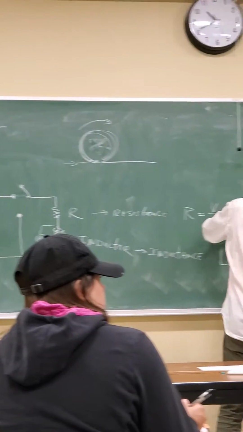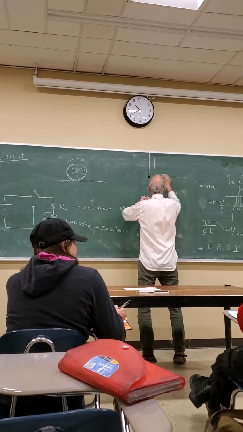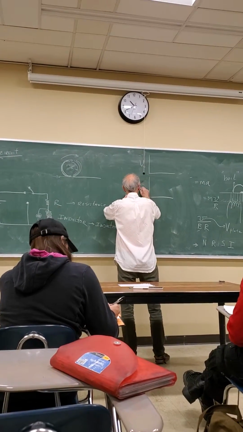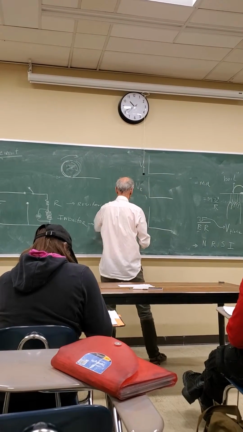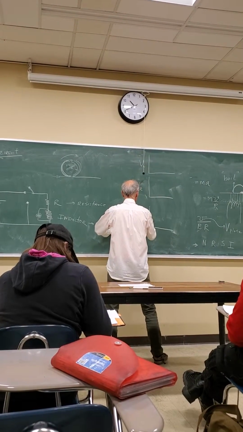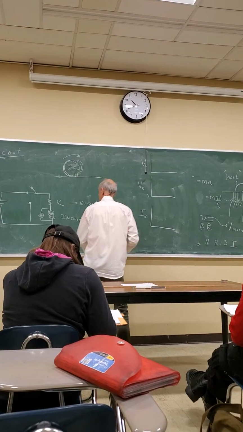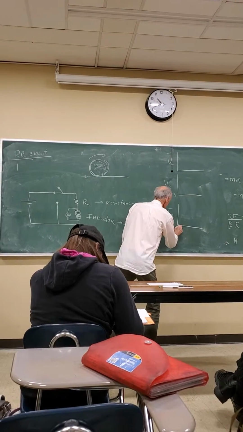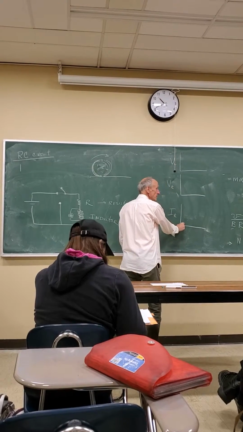So when we plot the voltage across the inductor, the voltage across the resistor, and the current through the resistor, and for that matter the current through the inductor, because it also goes through the inductor: the current has to start at 0.